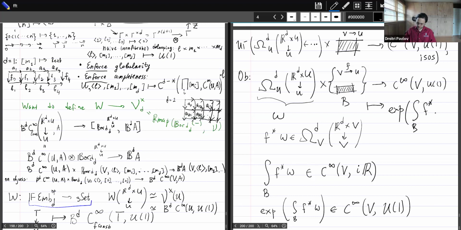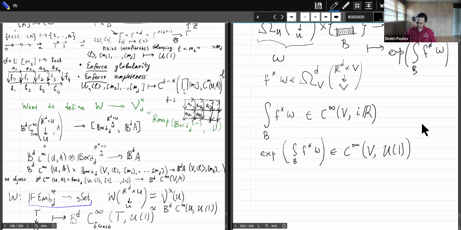And notice, this is very much, of course, in the spirit of what you do in physics. Because in physics, you would have expressions like exponent of I over H bar S of some field. But what is S?